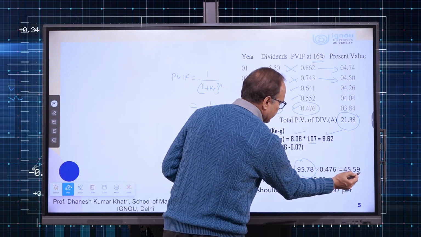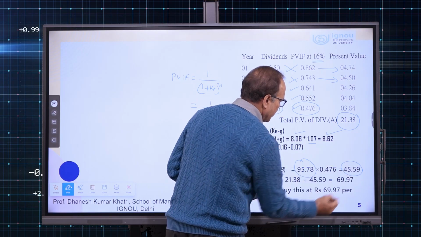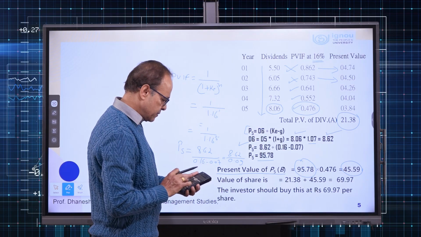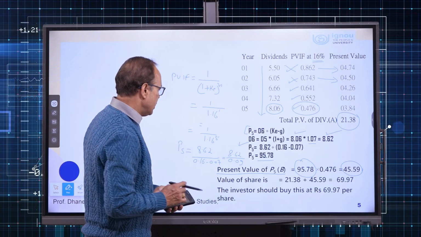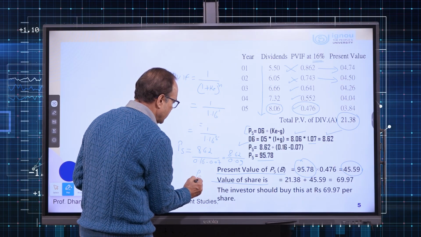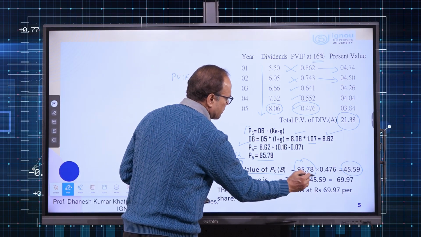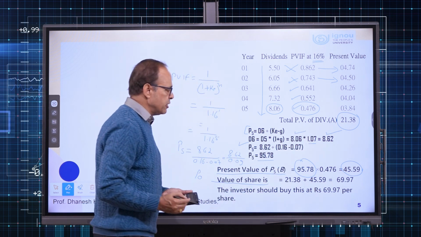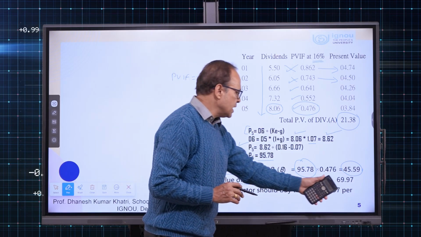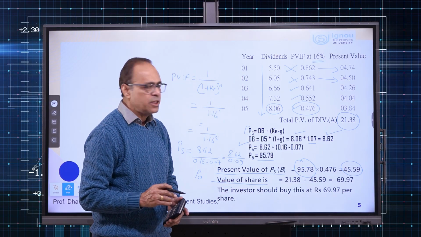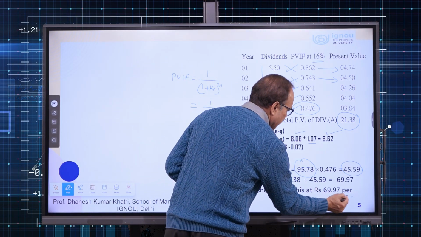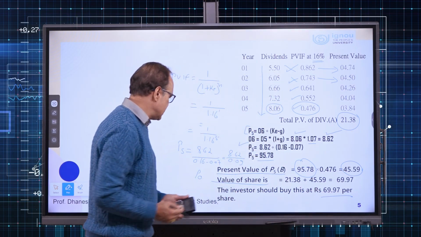So the present value of that turns out to be 45.59. Now, the value of this share at time 0, P0, is part A plus part B. Part A was 21.38, part B is 45.59. So the total answer is 69.97. It means this investor is willing to pay a maximum of 70 rupees, approximated.